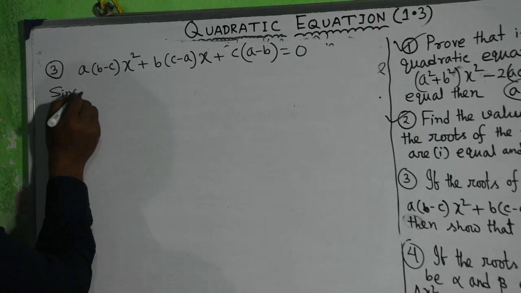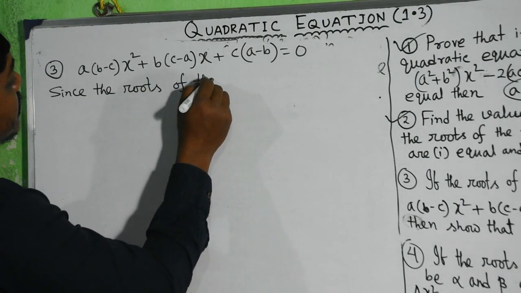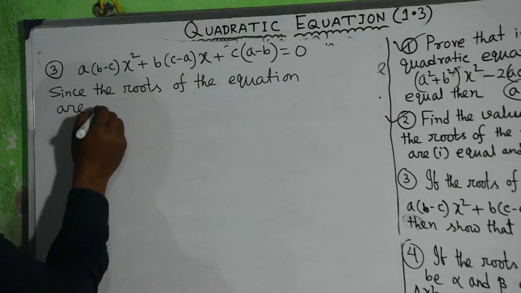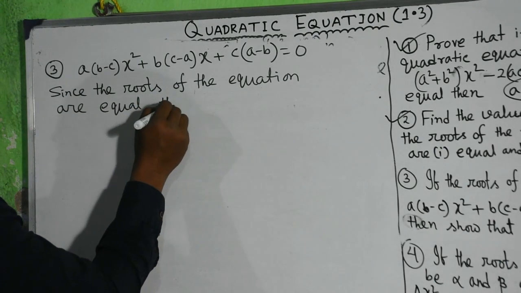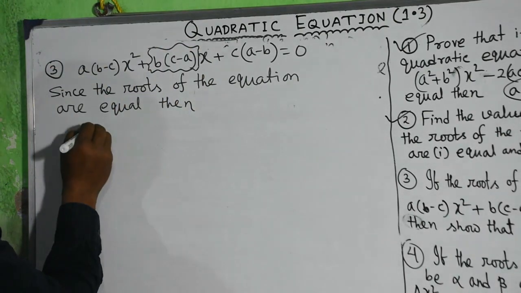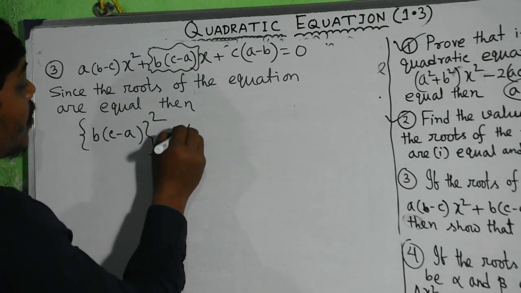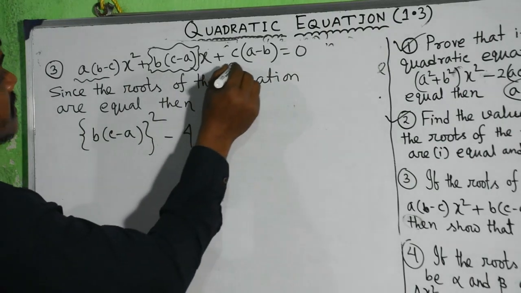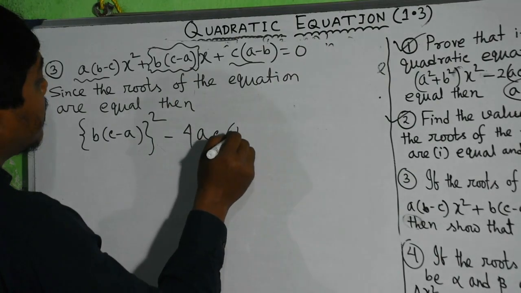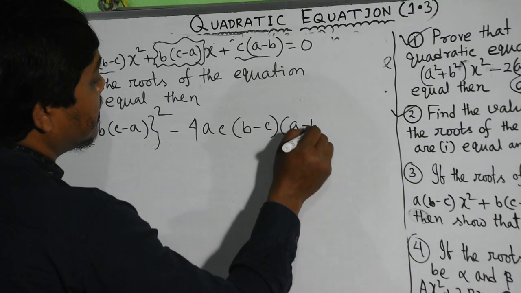Since the roots of the equation are equal, then b square minus 4ac, what is my b now? b into c minus a, so b into c minus a whole square, minus 4 into a into b minus c into c into a minus b, this equals to 0.